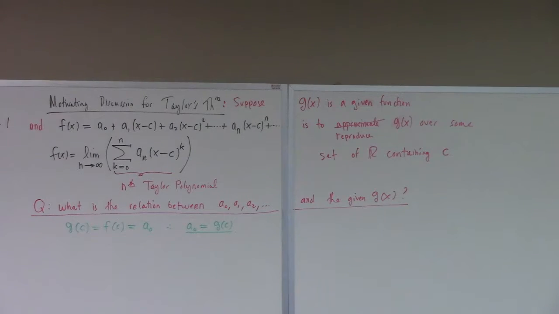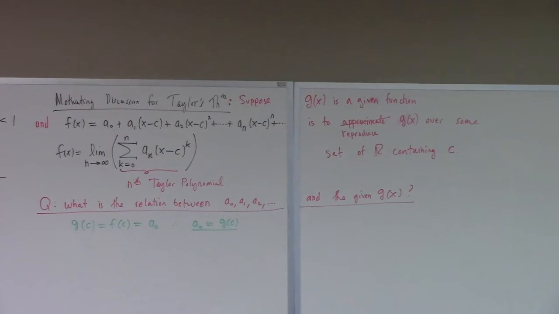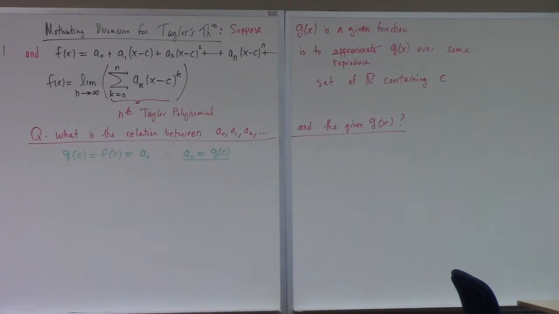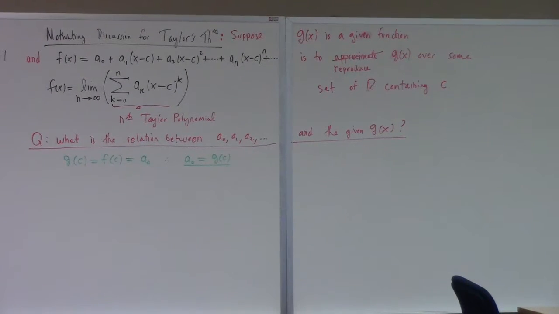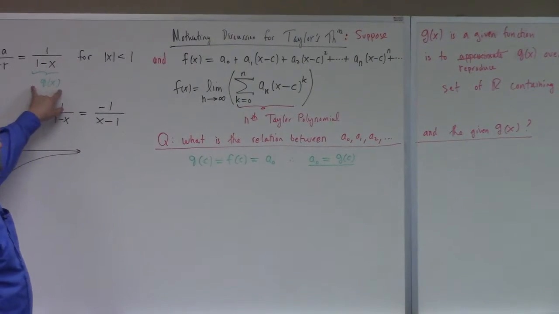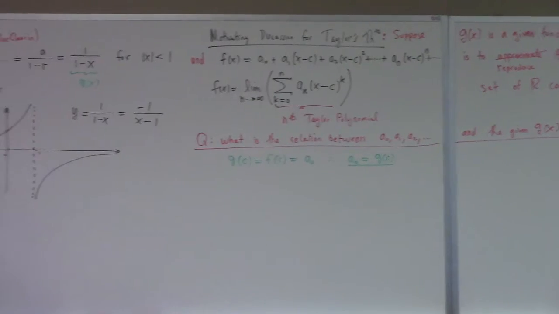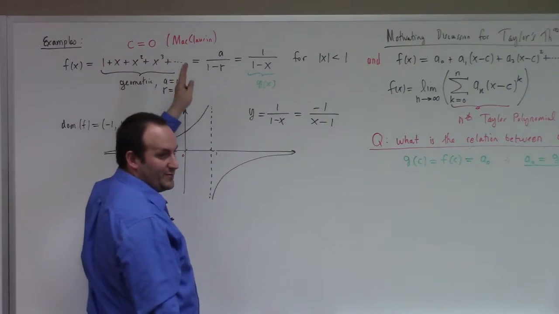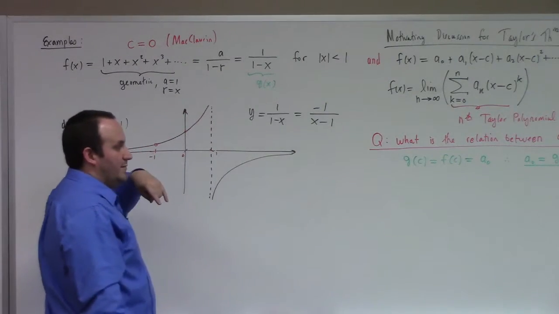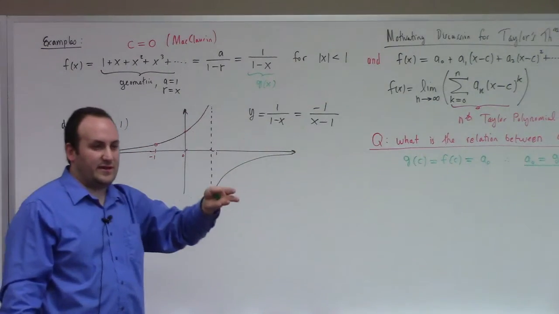It's just, g is like a given arbitrary function. Here, you could think of g of x being 1 over 1 minus x. And it just happens that by geometric series, we know we can write that equal to this. And so you can see the coefficients here are 1, 1, 1, 1, 1, and so on. But we're not always going to be able to do that, right?